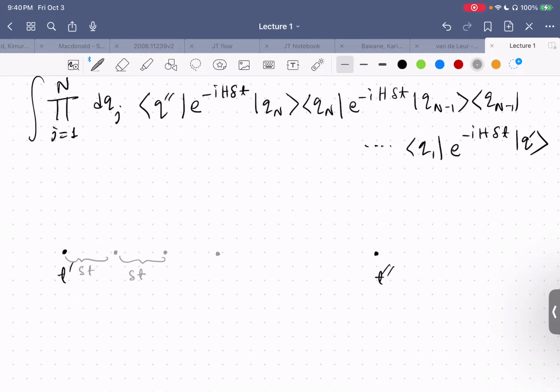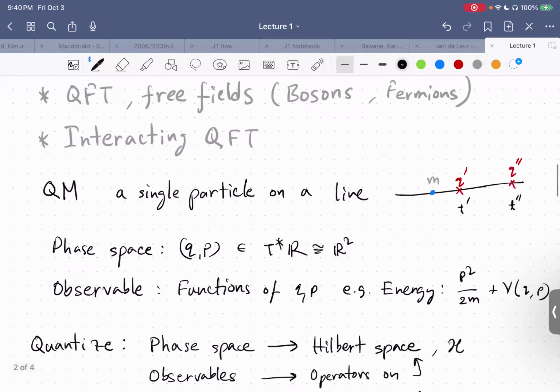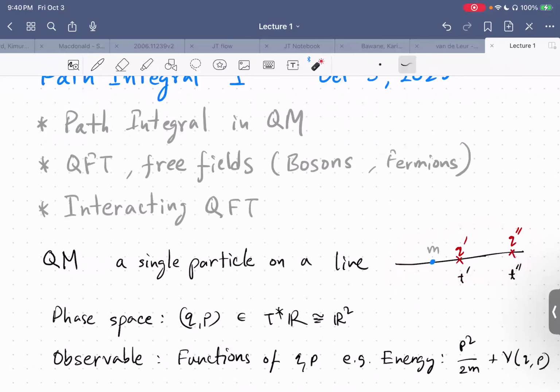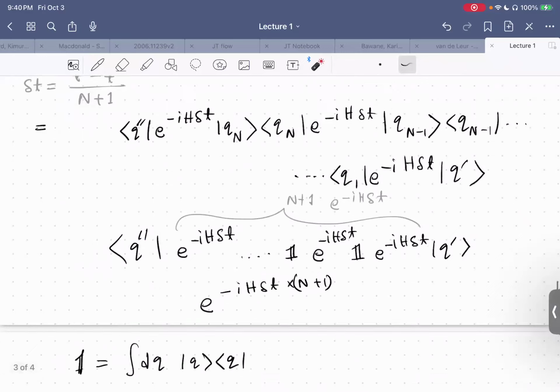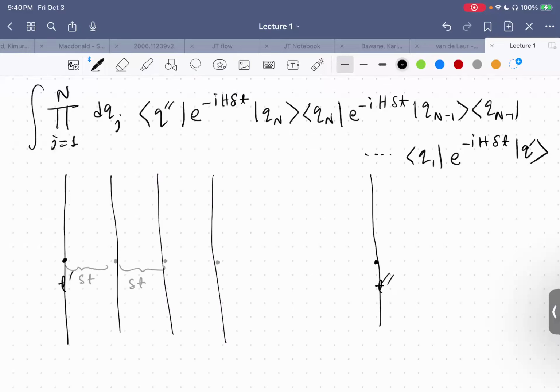And at time t, so let's say, we have our space, one-dimensional space. Previously, I was drawing this space horizontally, but I'm drawing the same space vertically now because I'm drawing time horizontally. So this is that one-dimensional space. So at each time, you have your space. Okay. So something like this.